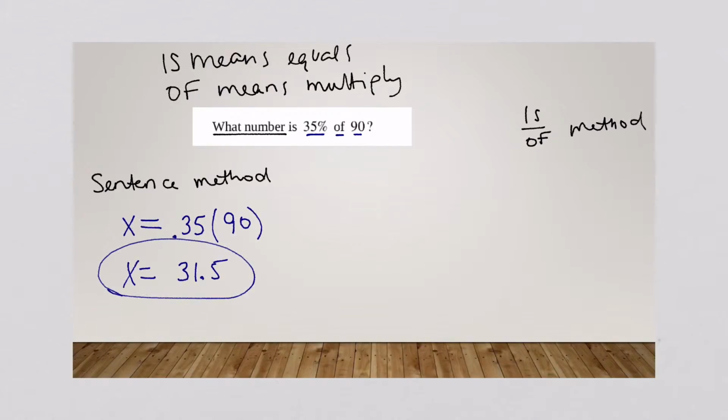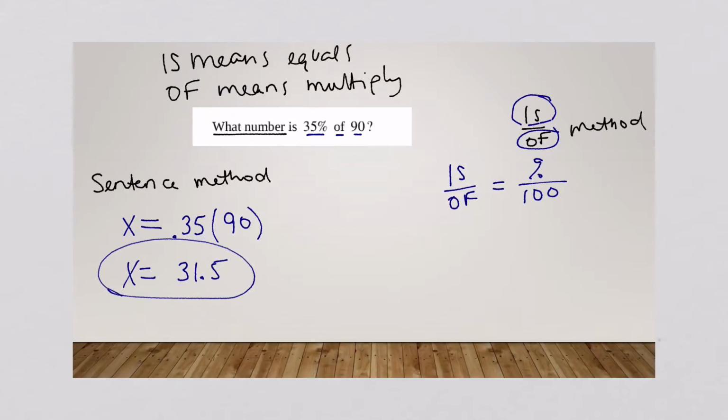Now the is over of method. What that means is what comes near the word is goes on top, what comes near the word of goes on bottom. So the actual formula looks like this: is over of equals percent over 100.